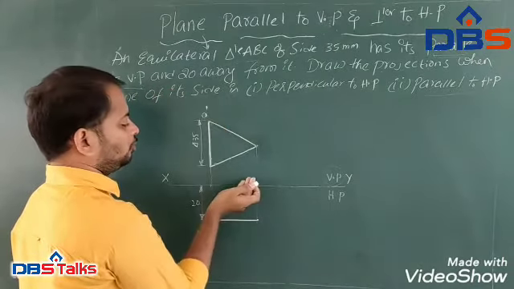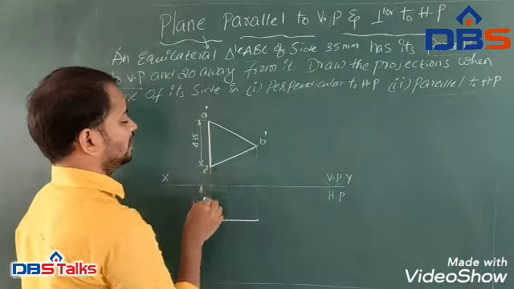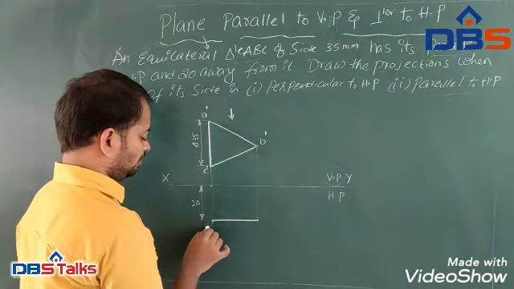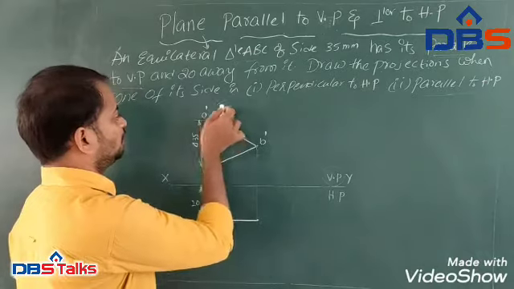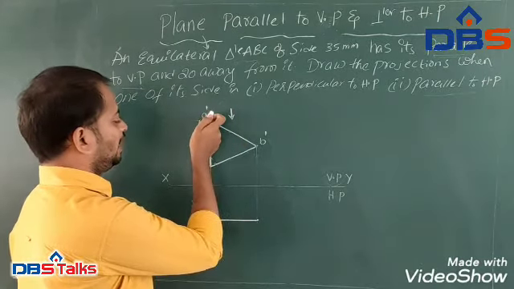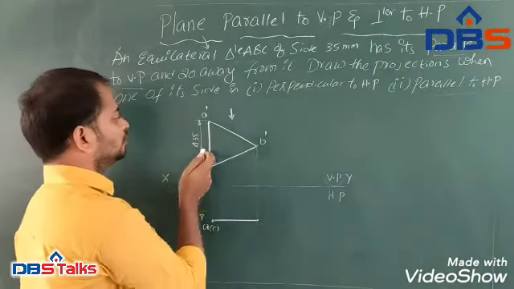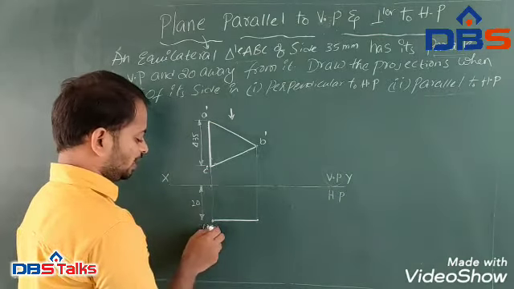Then the corresponding front view is above the XY line: a dash, b dash, c dash. This is the top view. What we are seeing here is A, with C in brackets. Since we are looking from here, A is visible, and A and C lie along a single line, so C will not be visible. That is mentioned in a bracket.